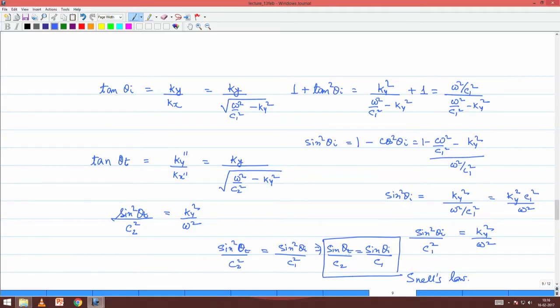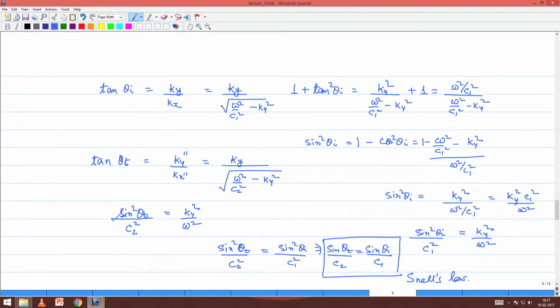Also there are other features like total internal reflection, which I think is pretty easy to understand. Looking at this relation, using an argument similar to geometric optics, it is clear that the transmission angle will prevail only if sin theta t is a number which is less than 1, right.